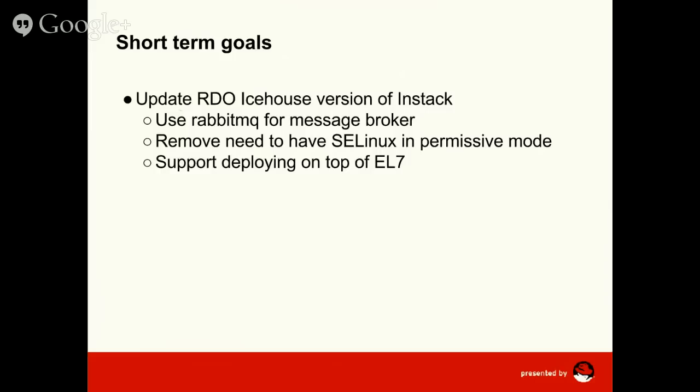So we're going to look to move to RabbitMQ for the message broker, and also let people run with SELinux enforcing so they don't have to set permissive on their nodes. And then finally, as I said before, right now we only deploy on top of Fedora 20. We want to extend that out so that we can let you deploy OpenStack on top of RHEL 7 and CentOS 7 when those are available.